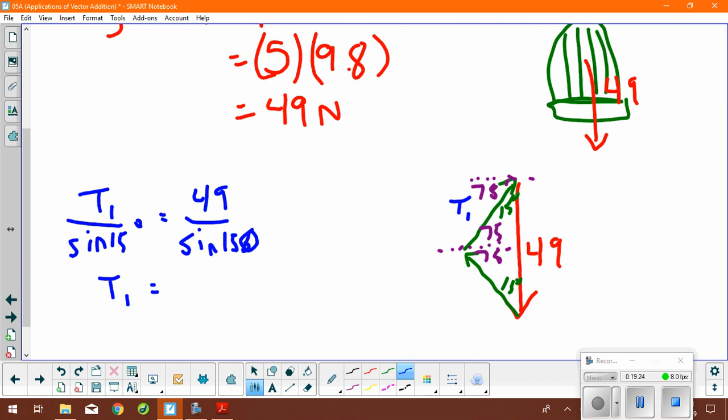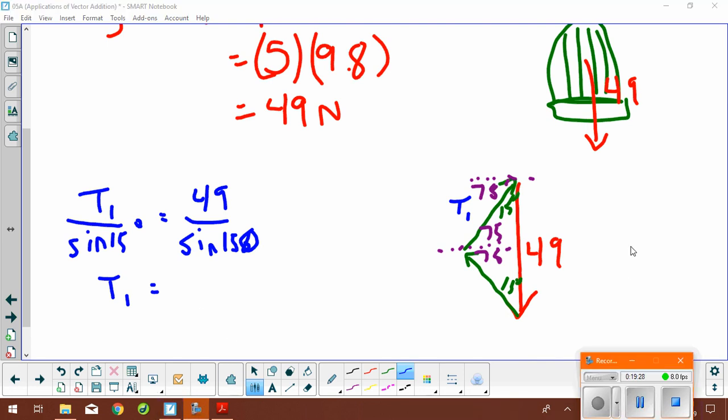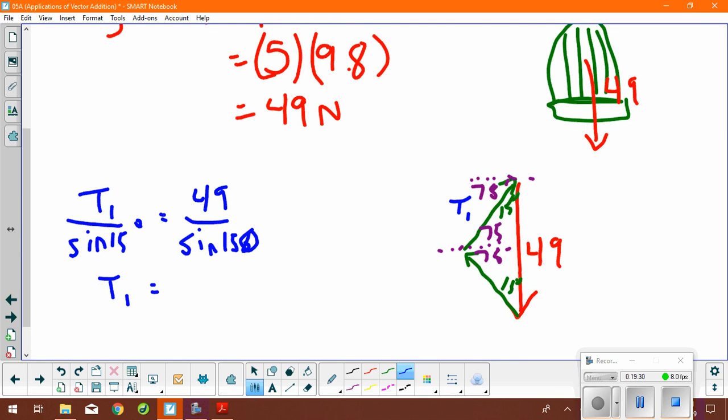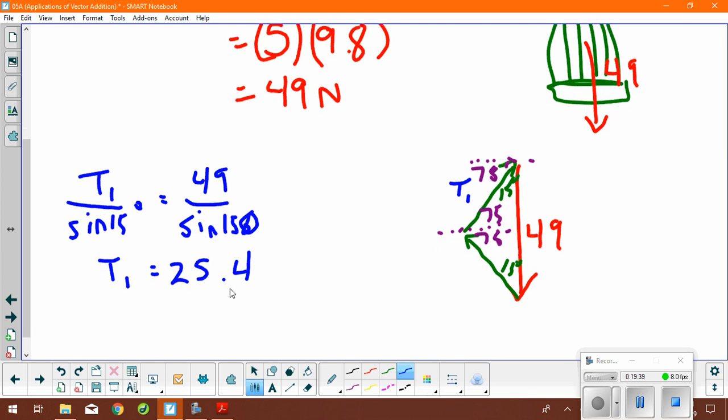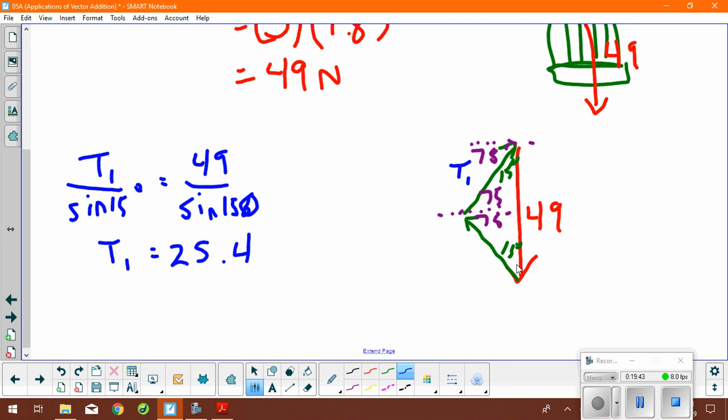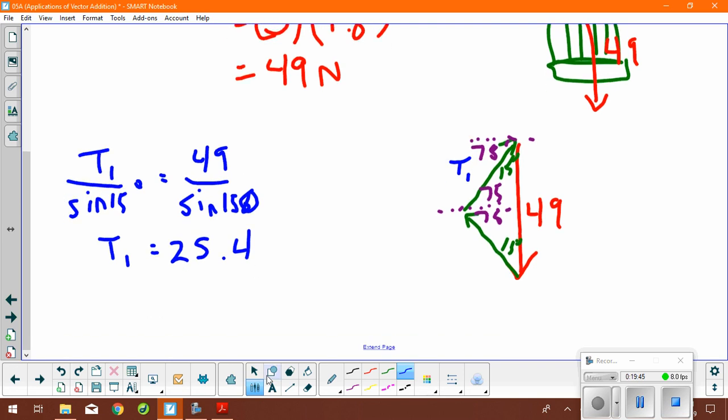So tension 1 is equal to 25.4 approximately. And then similarly, the other tension is also going to be 25.4 because it happens to be isosceles.